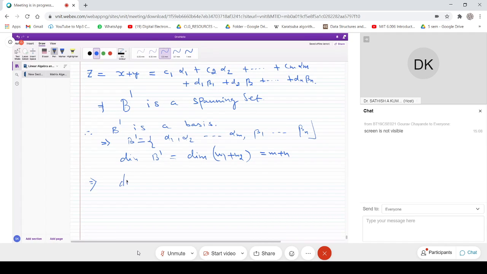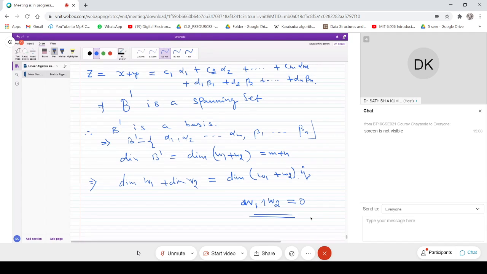Therefore we can conclude that the dimension of w1 plus the dimension of w2 will be the same as the dimension of w1 plus w2, provided this condition, w1 intersection w2 is 0. If w1 intersection w2 is 0, then the dimension of w1 plus w2 is the same as the dimension of w1 plus the dimension of w2. Okay, so this is the proof.